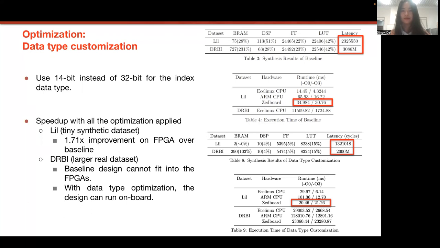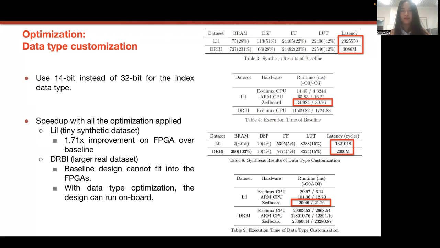You can see that the optimized latency is significantly reduced compared to the baseline. And also, we can get a 1.7 speedup improvement on FPGA if we compare the Z-board result with the baseline.